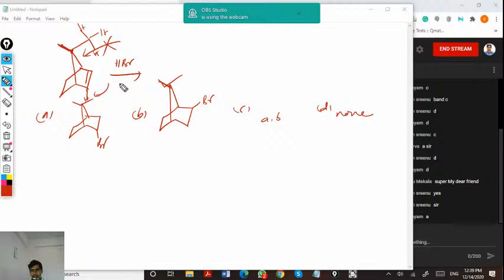Sidhu, yeah, exactly correct. Because now anyhow it's going to abstract the H plus from the downside. So H plus abstraction and bromine addition will both be from the downside because of the steric crowding.